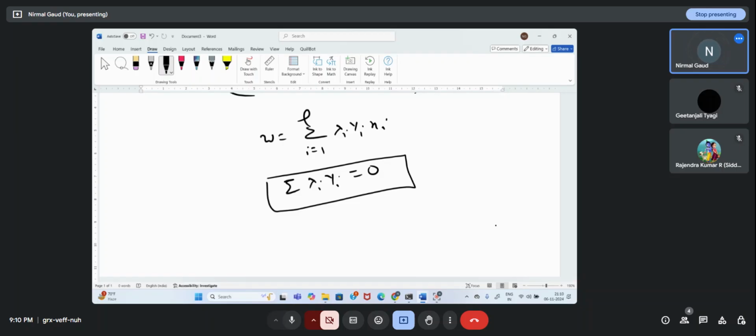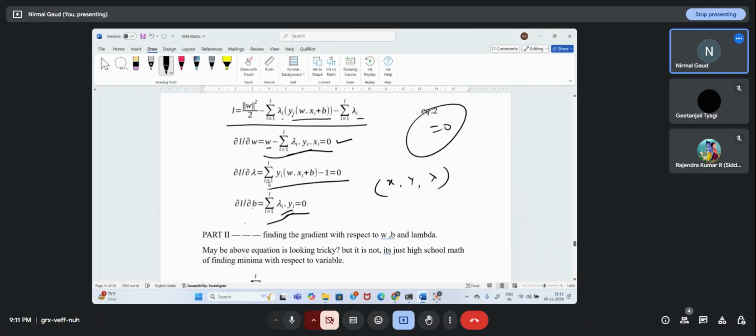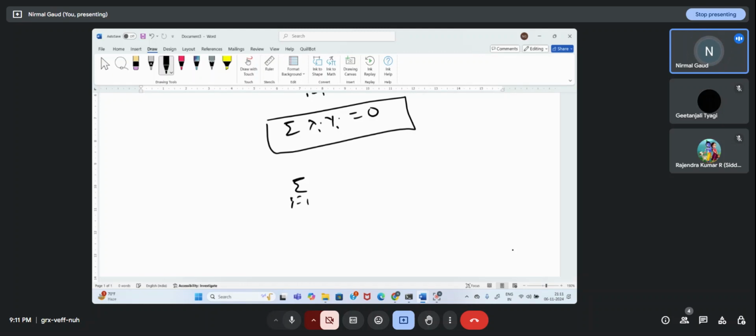Okay, fine. What's next? With this, I'm getting something. I can say summation i equal to 1 to L yi (w xi plus b) equal to 1.